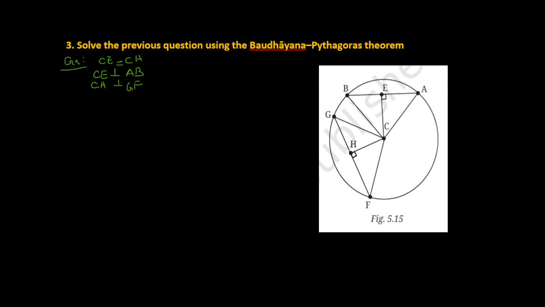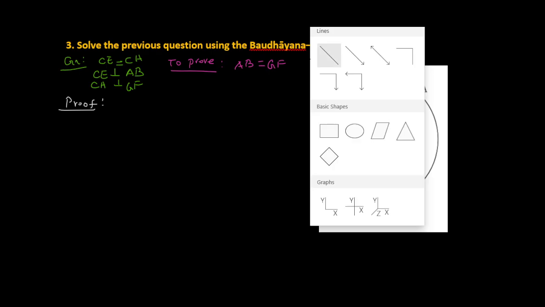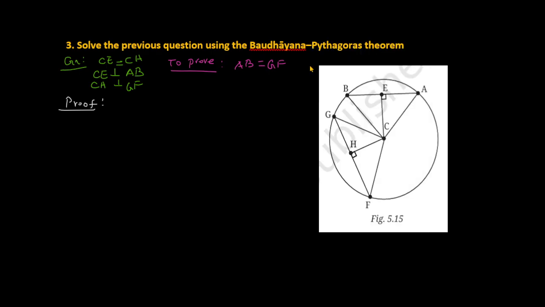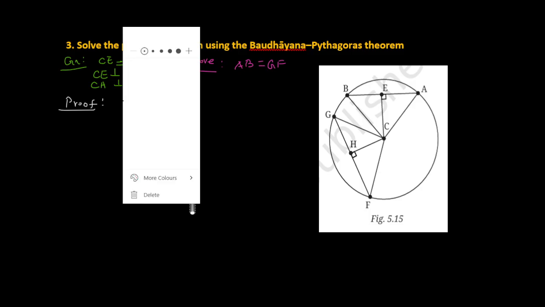We need to prove AB is equal to GF. So for the proof, we are going to consider two chords and apply Pythagoras.